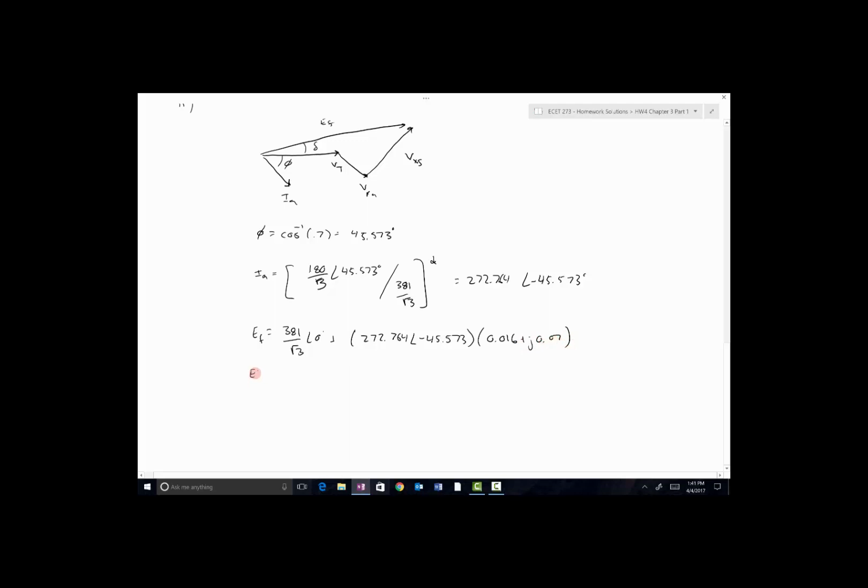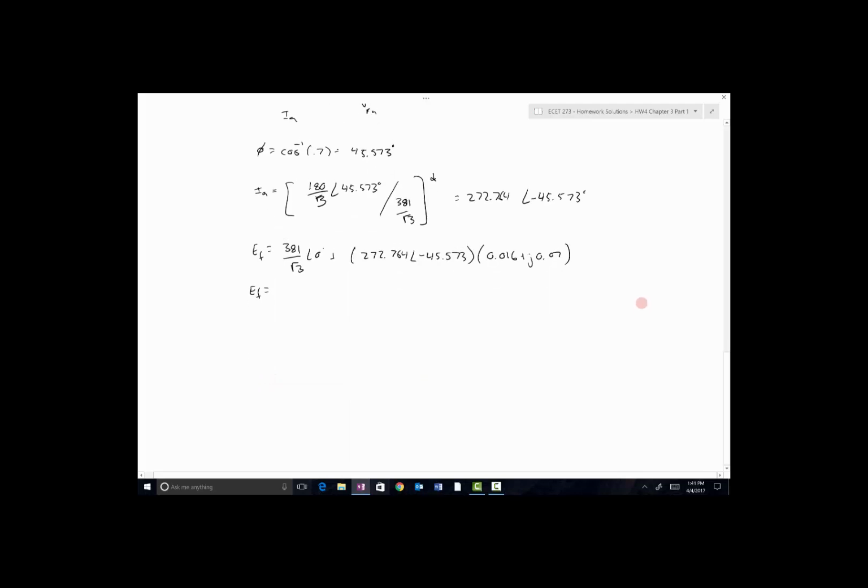And so we get an excitation voltage in the lagging case, rated power at 0.7 lagging, of 236.883 angle 2.48 degrees volts. So to provide the same amount of current but at a lagging power factor of 0.7 instead of unity, we had to increase the excitation voltage by about 10 volts.